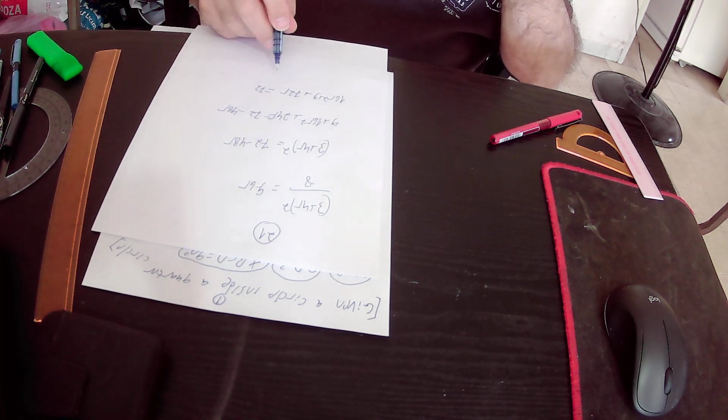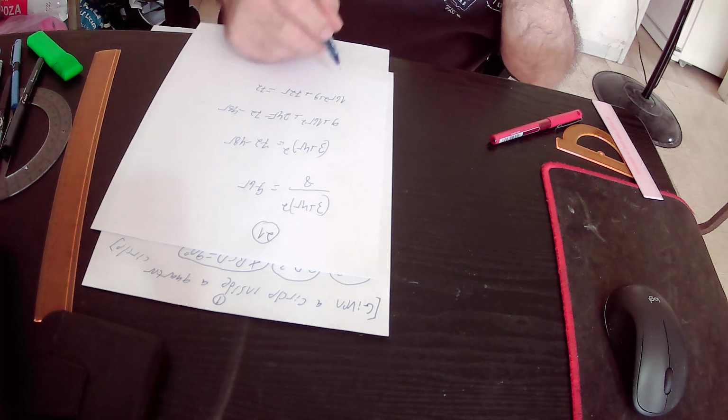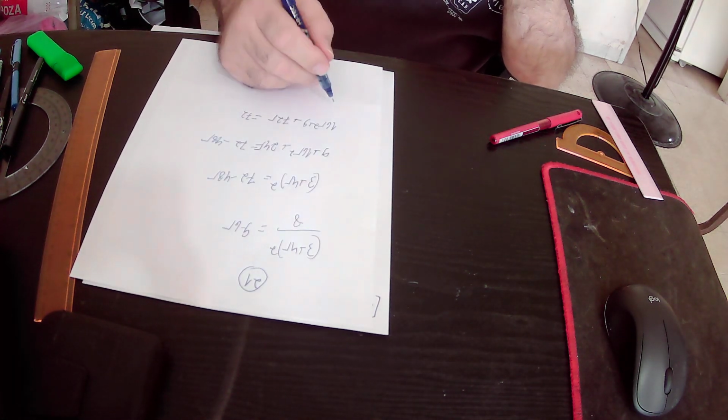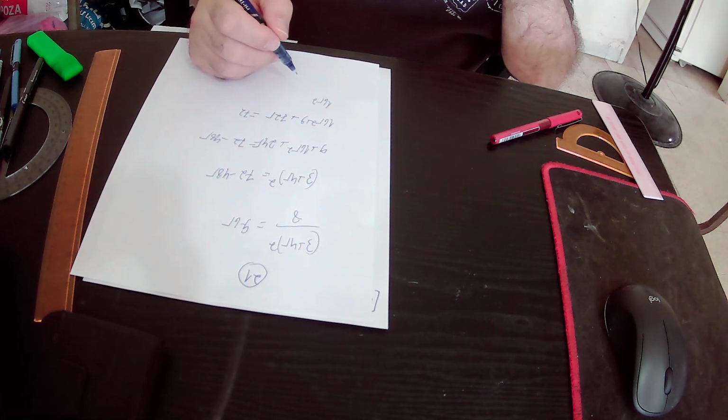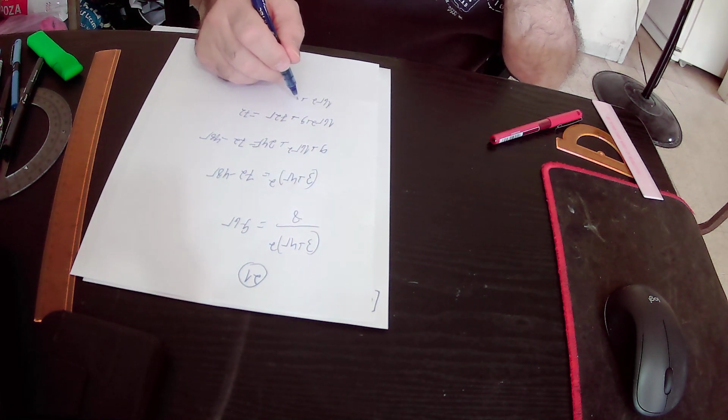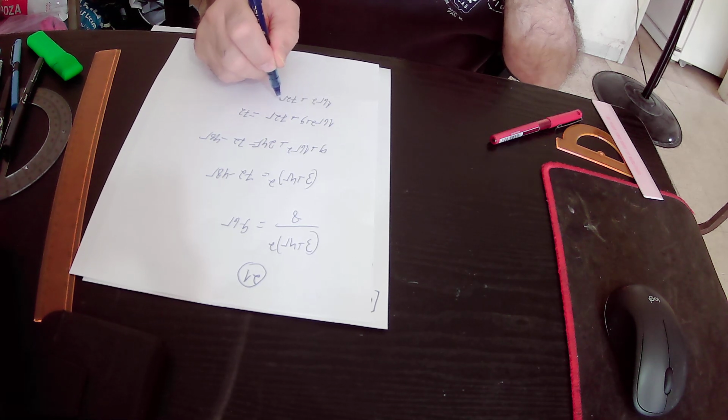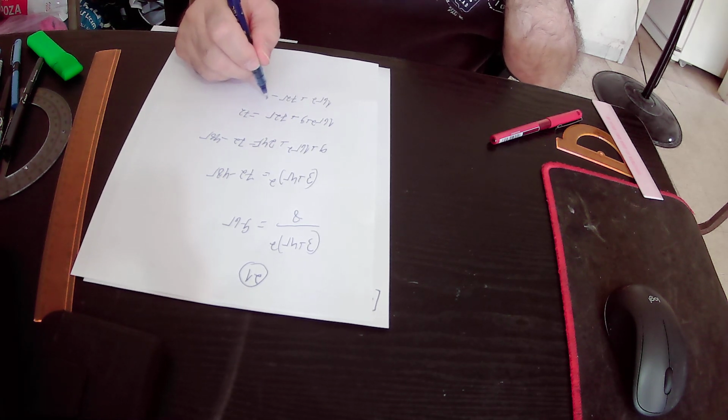Here we will subtract 72 from this equality, and we will get that 16r squared plus 72r minus 63 equals 0.